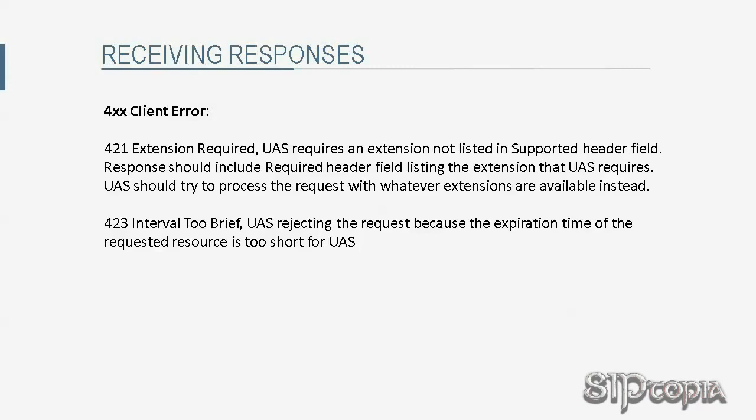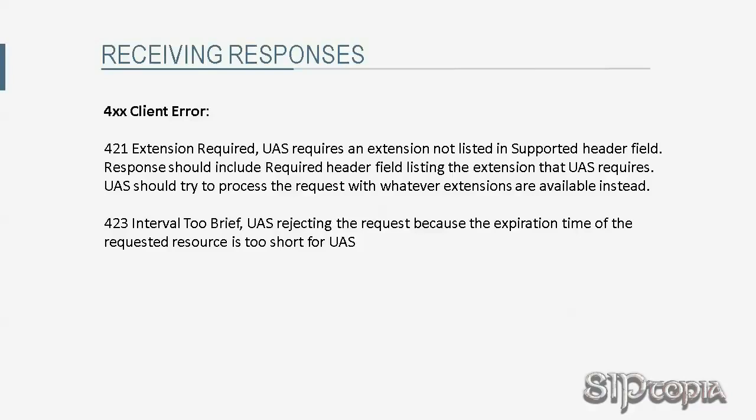423 Interval Too Brief. This is basically the user agent server rejecting the request because the expiration time of the requested resource is too short for the user agent server. An example of this response would be Tarzan starting up his SIP phone, trying to register to a registrar, and using an Expires header field with a value lower than the registrar is configured to allow.